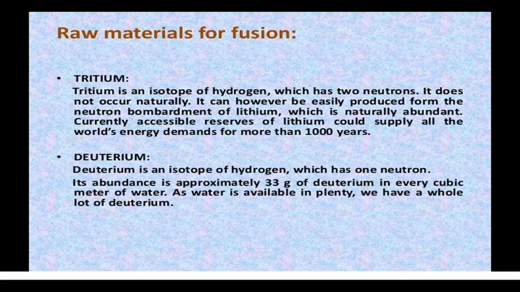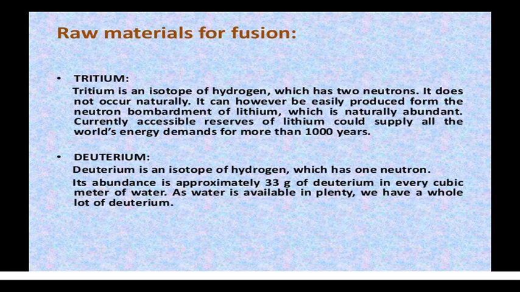Now, which are the raw materials used for fusion? We use mainly 2 materials that are the isotopes of hydrogen. One is deuterium and another is tritium. Deuterium is an isotope of hydrogen represented by H12. So it has 1 proton and 1 neutron.